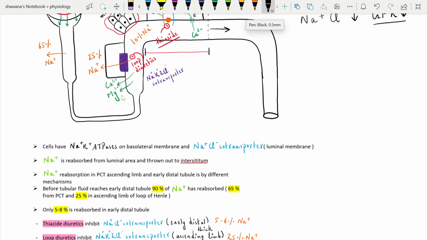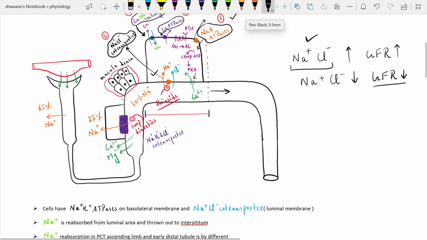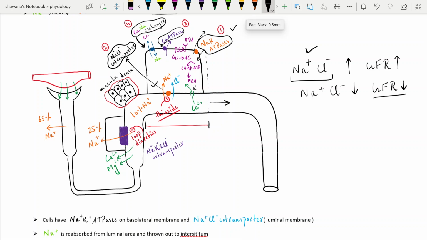One of the most important things you need to understand is that in the ascending limb of the loop of Henle, there is a special pump known as the sodium potassium 2 chloride co-transporter. It reabsorbs sodium, potassium, and chloride into the cell, and these solutes can move out of the cell via special mechanisms.